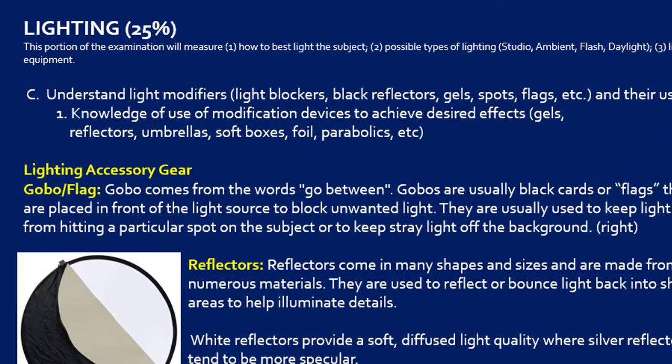So our next lighting modifier to talk about would be a gobo or a flag. Now, sometimes photographers refer to the little disc that fits into a spotlight to project a pattern onto a background or onto a scene as a gobo. We tend to call those, in our portrait world, a cookie or a cucoloris, but we'll talk about that in a minute.